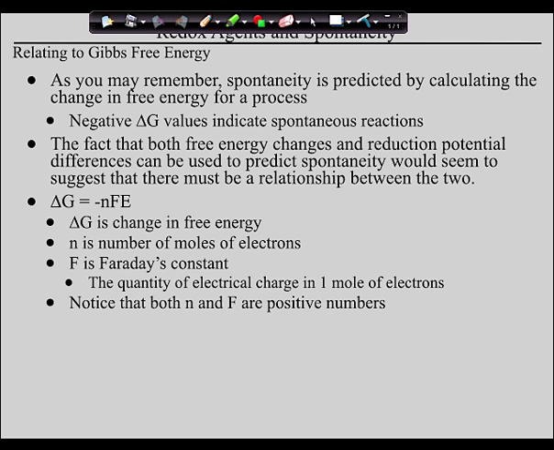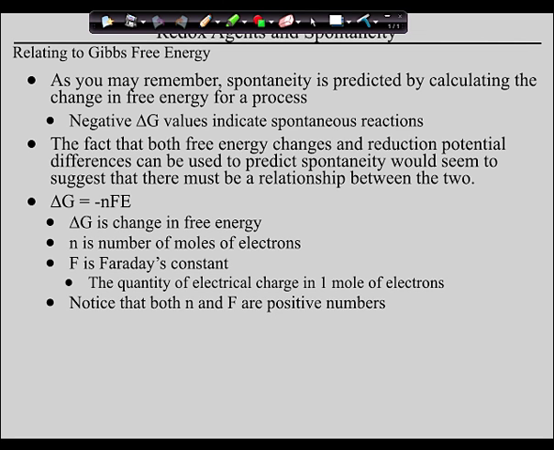Faraday's constant, which is a constant and it's on the equation sheet, is also positive. So guys, the idea is this. So there's a negative sign hanging right here. So if this is positive and this is positive, what if E is positive? Positive, positive, positive. If E is positive, what does that make delta G? Negative because of this, right? So our concepts line up.